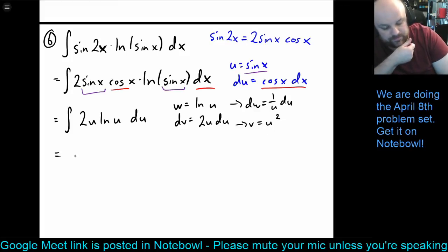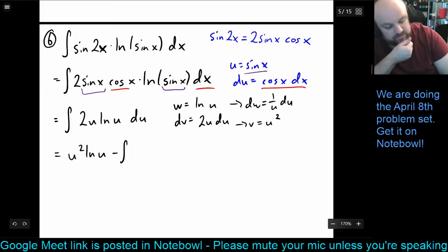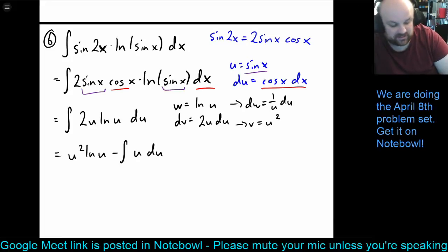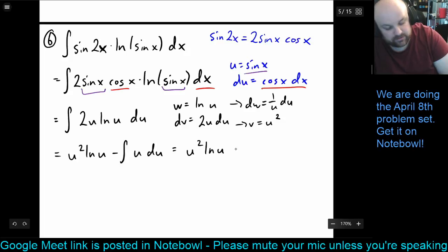w times v, u squared ln of u, minus the integral of v dw, which is going to be u du. So it was u squared ln of u minus 1/2 u squared.